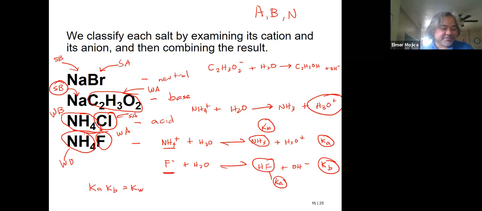So the Ka of this one is just equal to Kw over the Kb of NH3. And this one, the Kb is just equal to Kw over the Ka of HF.